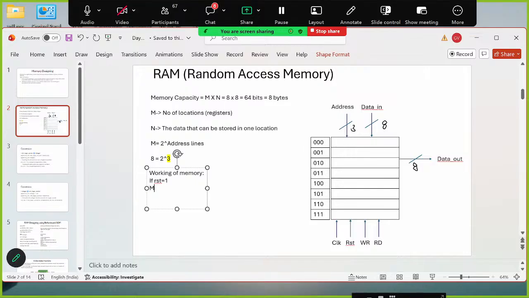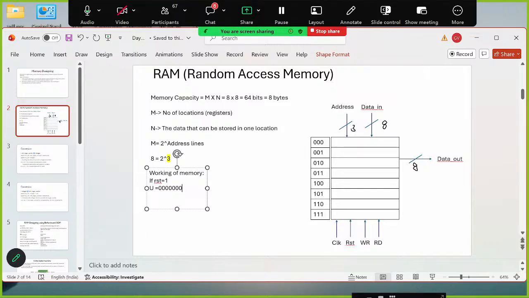Memory clear, all memory locations clear. So for that, let's take a variable, when reset is 1. Some variable we have taken, u, which is representing this complete memory, and all its locations will get 0 0 0 0 0 0 0 0.